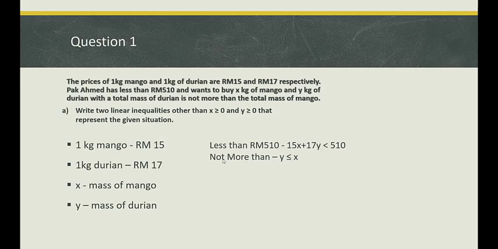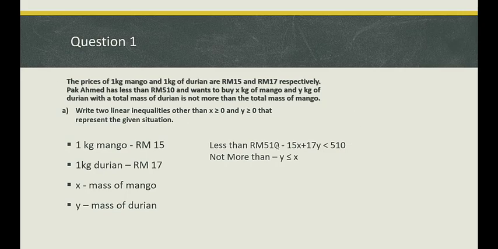As long as it is not more than, that qualifies the whole situation, which is less than or equal to. So our mass of durian y is less than or equal to x. Yeah, so we have created these two linear inequalities. Our two conditions have been created through the scenario that you see in the question here.